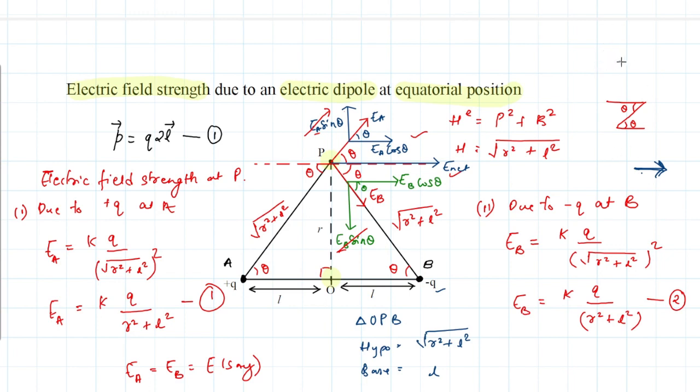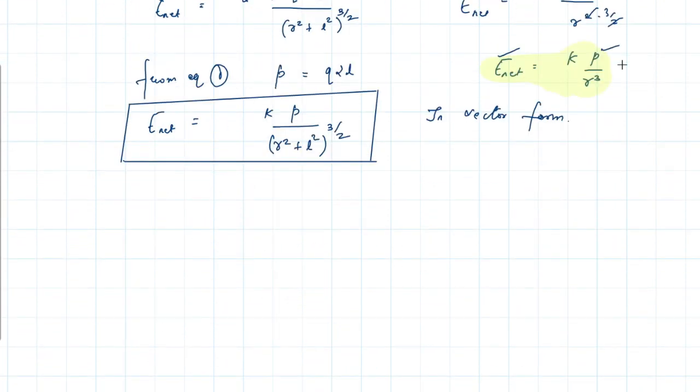So our negative charge is here and the positive charge is here, so my dipole is directed here and the electric field is directed here, so they are opposite in direction. Since they are opposite in direction, I can use a vector sign here, and with a negative sign I will show that the dipole moment direction is opposite to the electric field strength. So this will be my final equation in vector form.